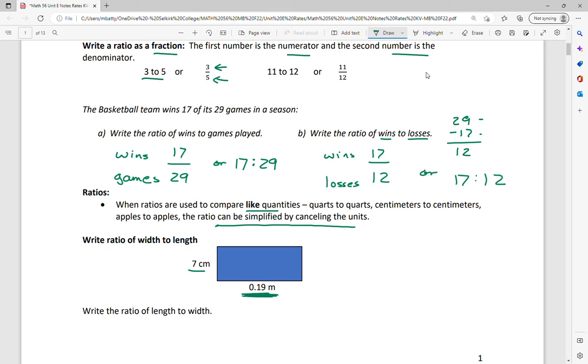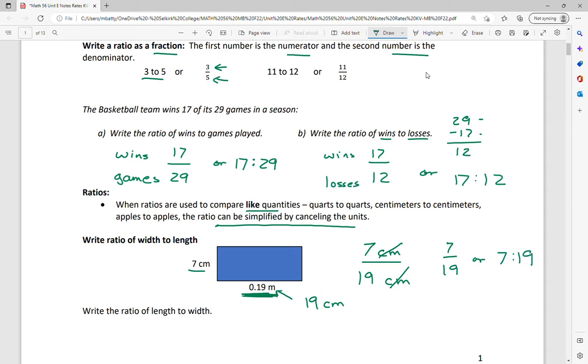So the width would be 7 centimeters, and the length, this is in the wrong unit. So this would be 19 centimeters, right? If I can make them in the same units, that's how we like our ratios to be done. And so they would cancel and the whole number ratio would be 7 over 19 or 7 to 19.